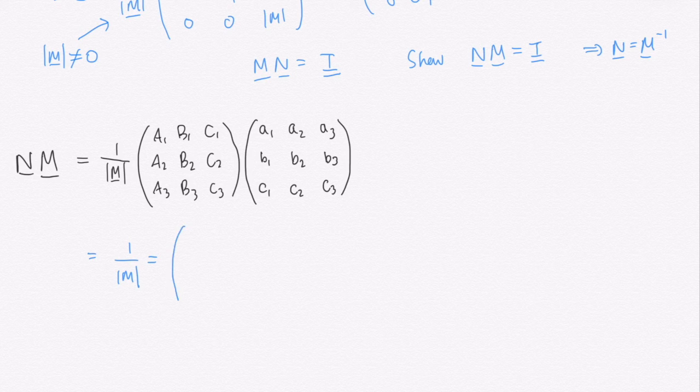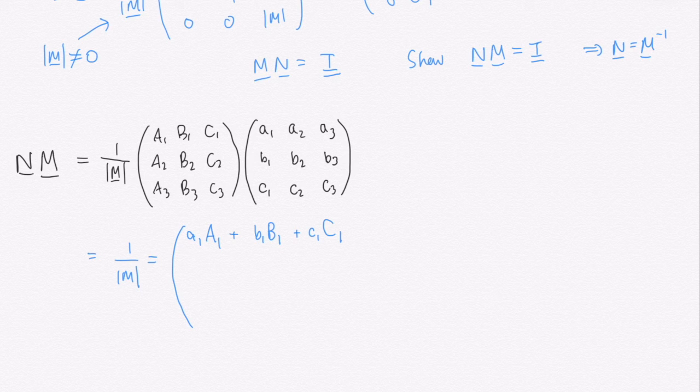and then our first row, we get small lowercase a1 multiplied by the cofactor capital A1 plus lowercase b1 multiplied by the cofactor B1 plus lowercase c1 multiplied by the cofactor C1.